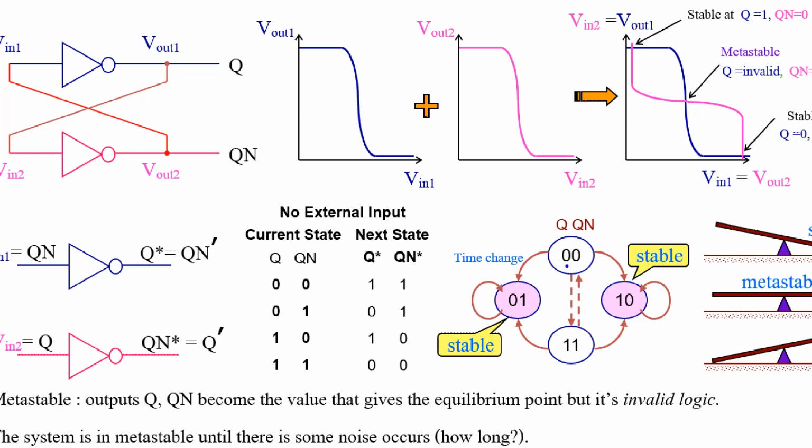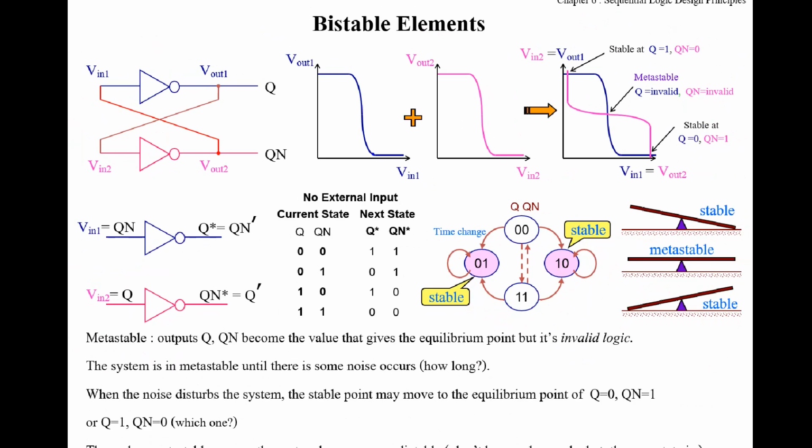If Q and Qn are the same value, 0, 0 or 1, 1, the circuit will be unpredictable because you cannot predict the next value of Q. So you should avoid this condition when the circuit is bistable.